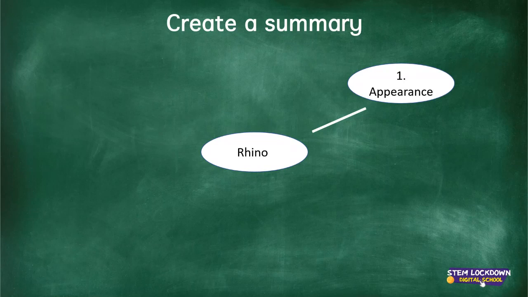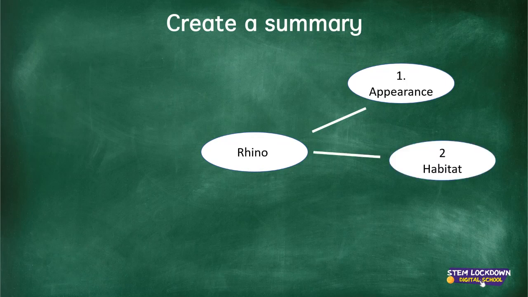Right. That was the first thing that we looked at in our information text, the appearance. Then we have the habitat. Habitat is where something lives. Where does the rhino live? Write some keywords. Now you know what the difference is between a keyword and a sentence. A keyword just has the actual words, where a sentence might have a subject and a predicate.